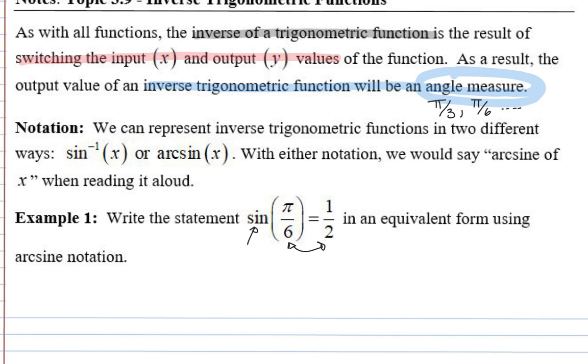So now you have arc sine of 1/2 is equal to pi over 6. So basically our answer should always be in radians, or the angle measurement that corresponds to the unit circle.